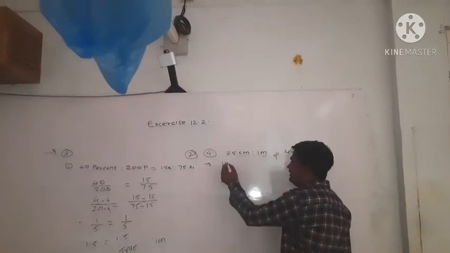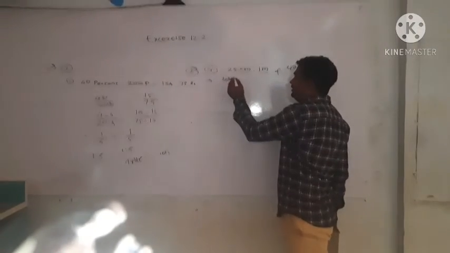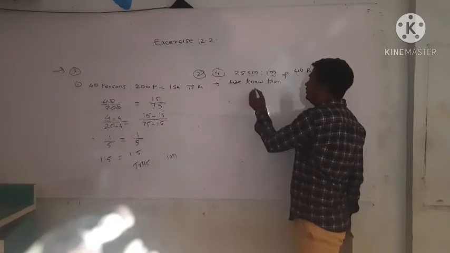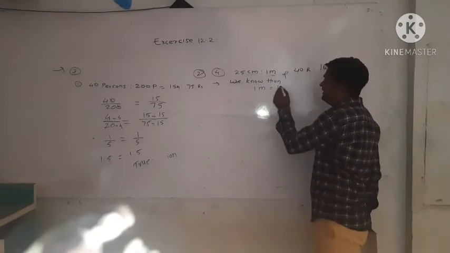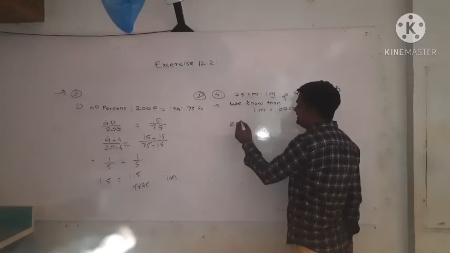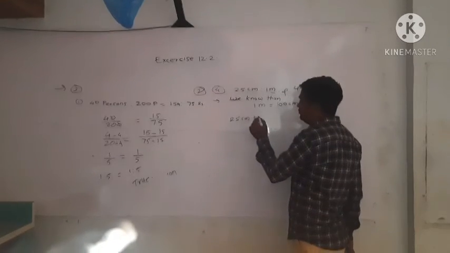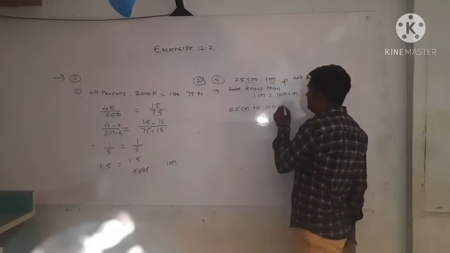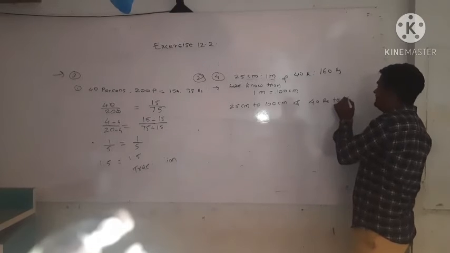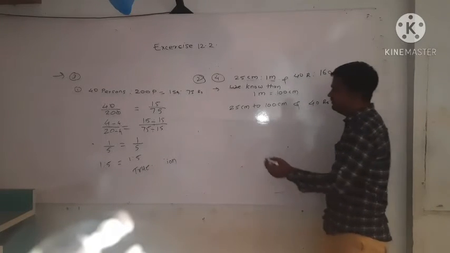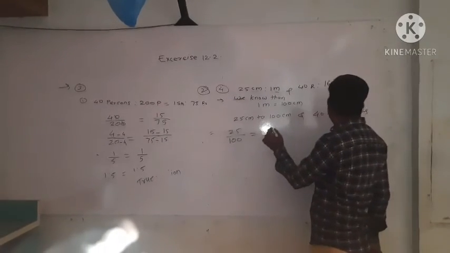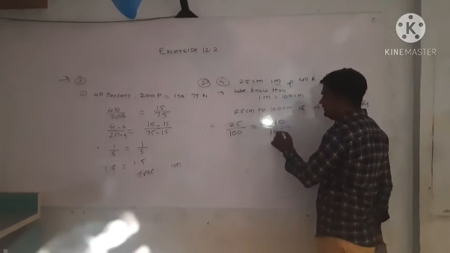So we know that 1 meter equals 100 centimeter. Now we want to find the first ratio, 25 centimeter to 100 centimeter, and second 40 rupees to 160 rupees. Now find the answer. 25 by 100 is equal to 40 by 160.